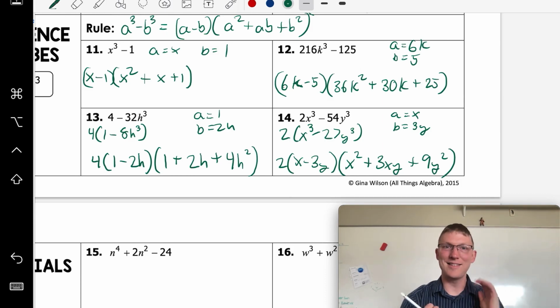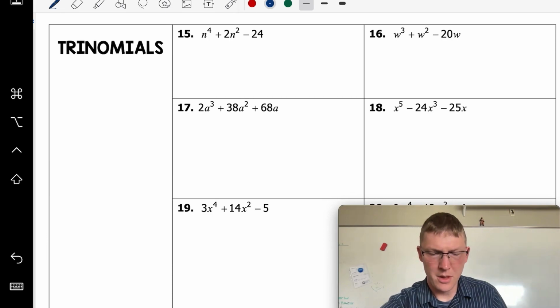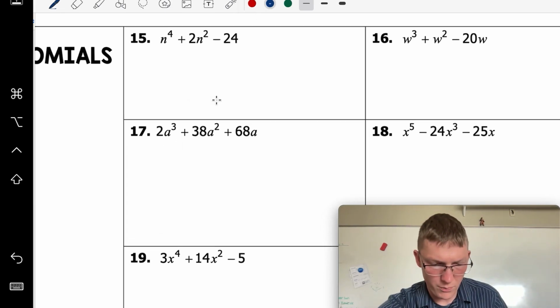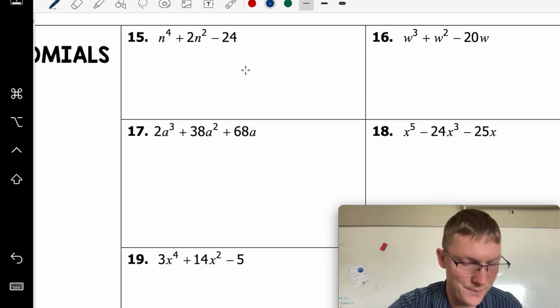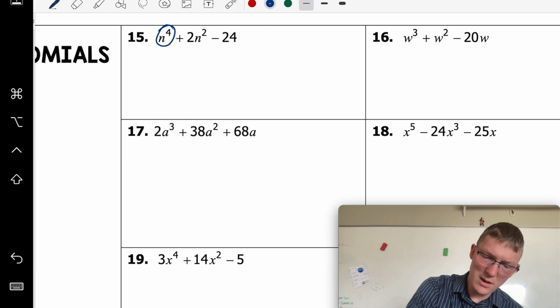But let's keep factoring. Factoring trinomials is the same way we've been factoring trinomials, just maybe a little bit more challenging because we're a little bit better at it now. So might as well expand our brain. Remember, we've got an n to the fourth and an n squared.